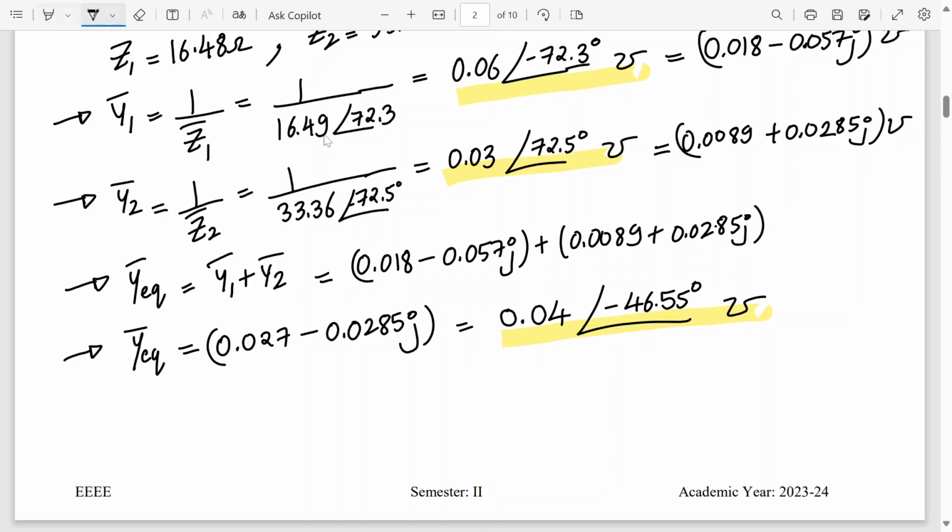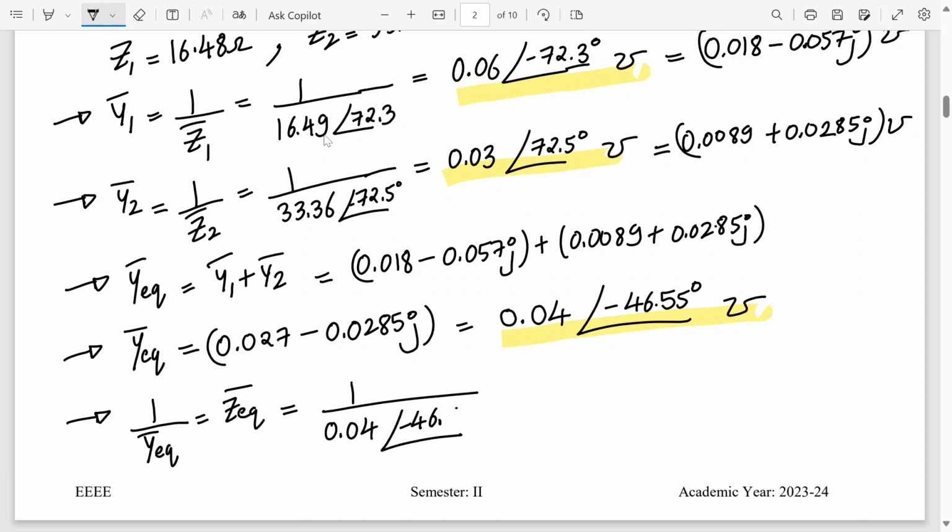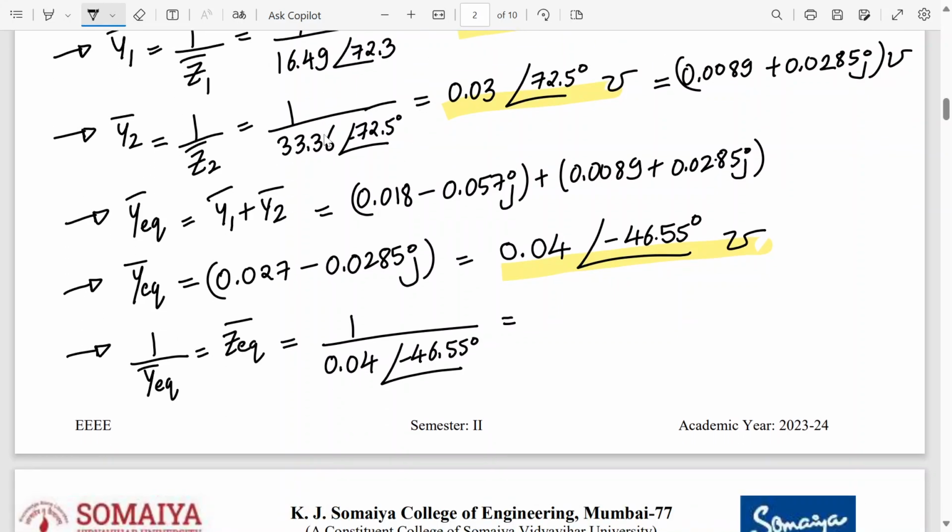This is the answer. Now, how will you find Z equivalent? 1 upon Y equivalent is Z equivalent. Yes or no? So you calculate 1 upon 0.04 at an angle minus 46.55. So how much did you get?